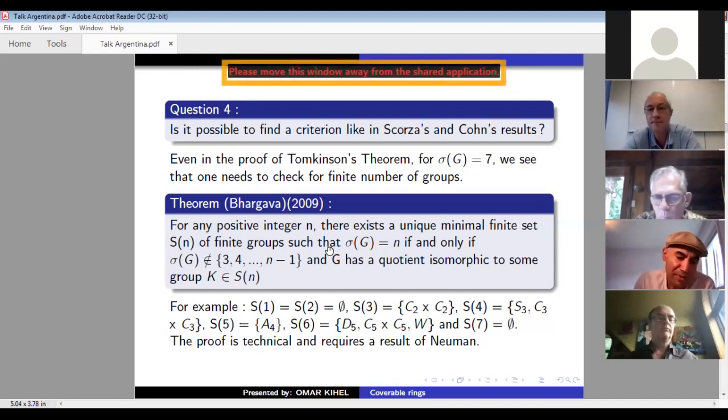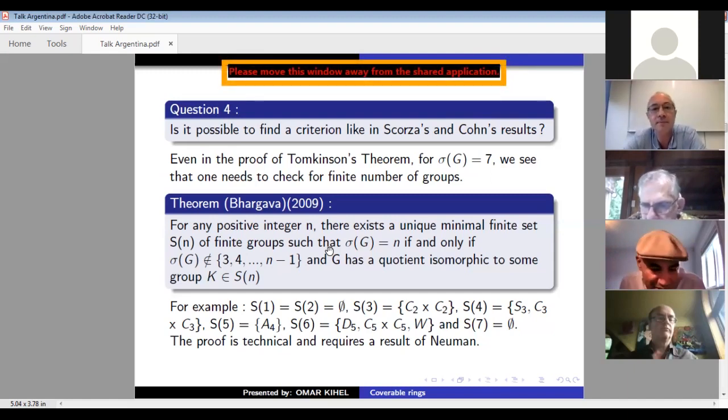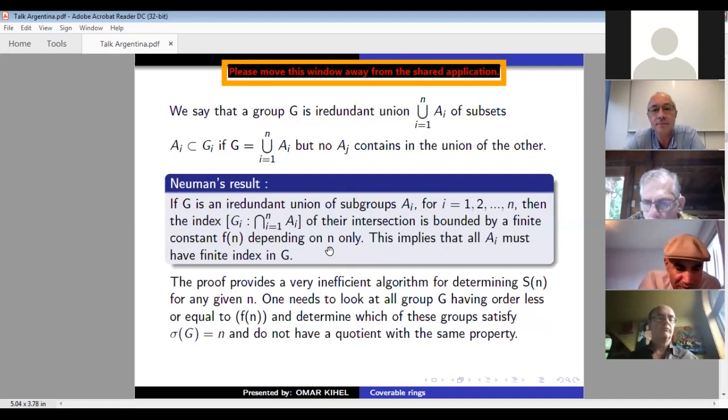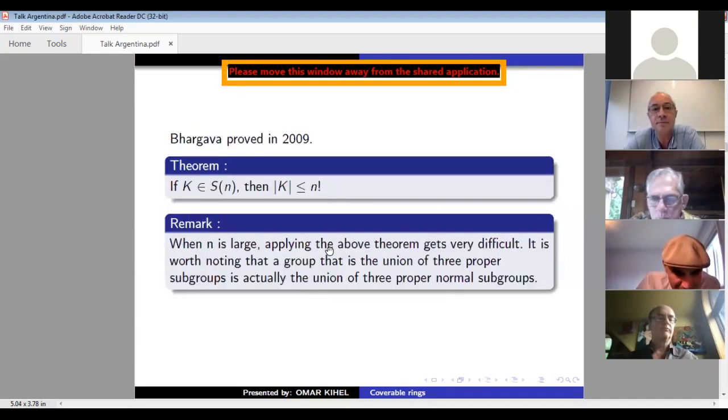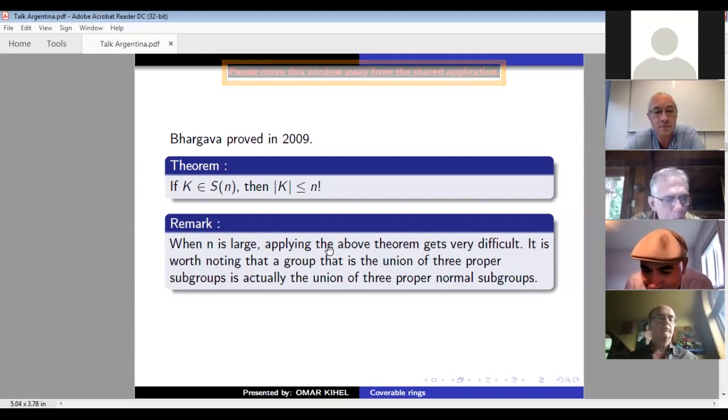From an algorithmic point of view, this result is so far not nice because of what I'm going to show you now, because of this theorem. If K is in Sn, then the order of K is less or equal n factorial. N factorial is very large, right? So the order of your group is very large.